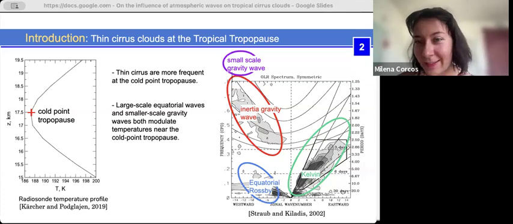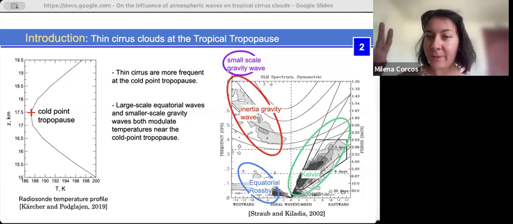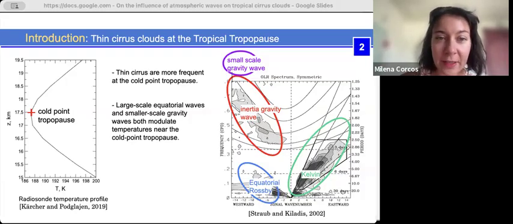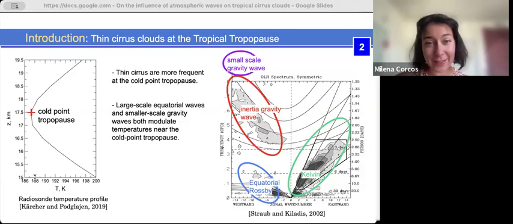On the large scales, I show on the right part of my slide a spectrum. We can see the Kelvin waves, equatorial Rossby waves, mixed Rossby gravity waves, and inertia gravity waves that have periods ranging from a few days to several weeks.